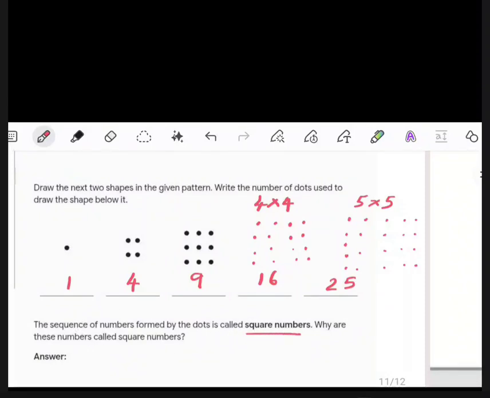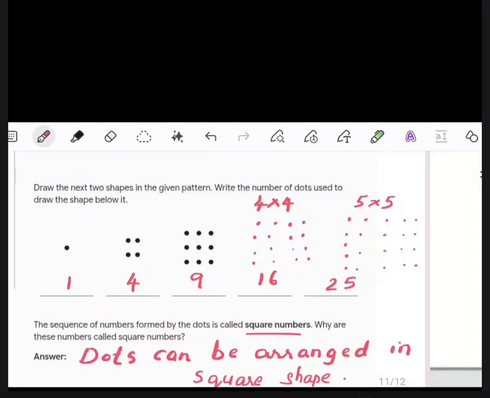Why are these numbers called square numbers? They are named this because the dots can be arranged in a square shape where the width and height are equal. Mathematically, they are the result of multiplying an integer by itself. So you can write here, dots can be arranged in a square shape. Okay?